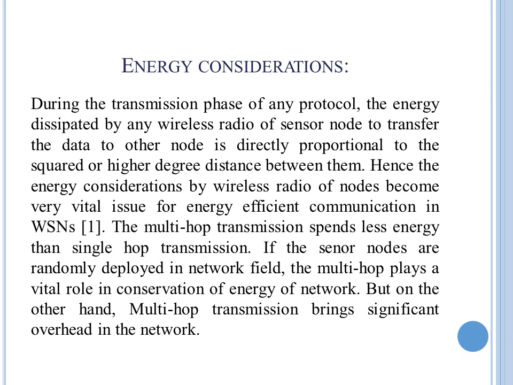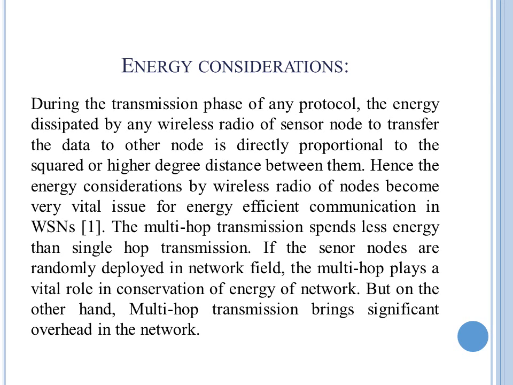And in this slide, there is energy consideration, that is multi-hop transmission and single hop transmission. If there is no intermediate node to communicate with, that is called single hop transmission.